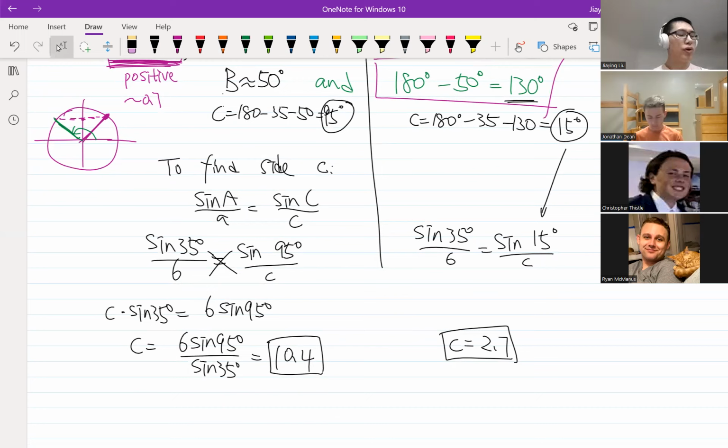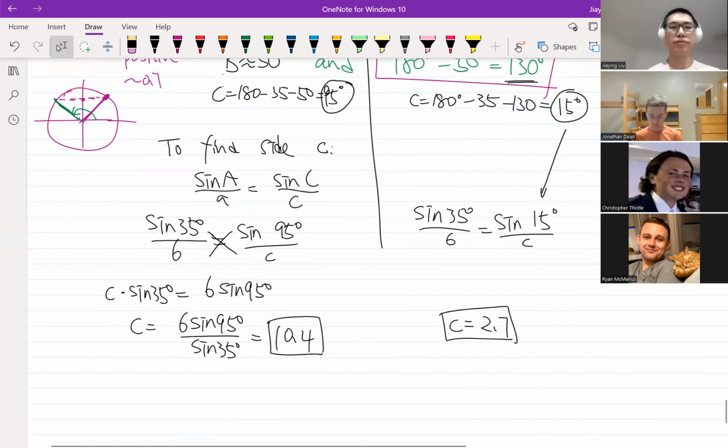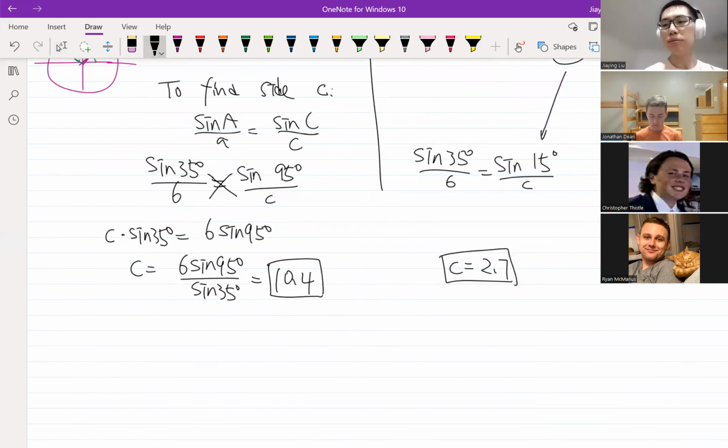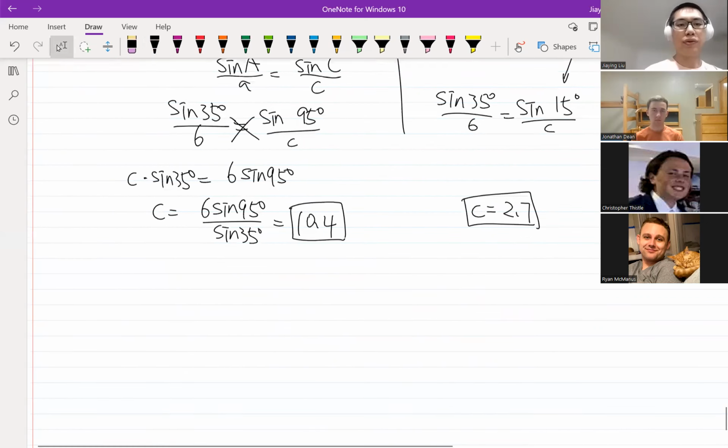Now, I want to give you more examples just to show you what other cases we could have if we only have angle side side. All right.